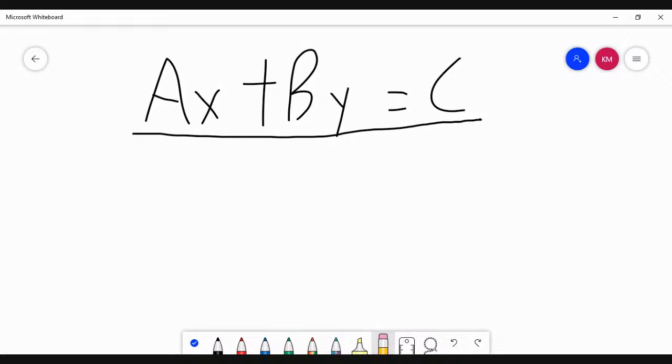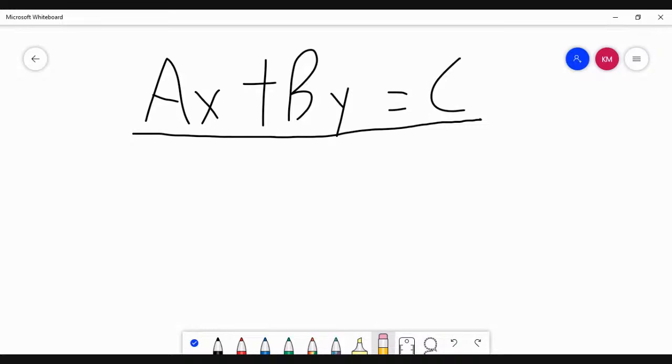So, first thing I'm going to show you is going from point slope to standard form, and then we are going to go from 2 points to standard form. And this I will make sure that I take time for questions, okay?